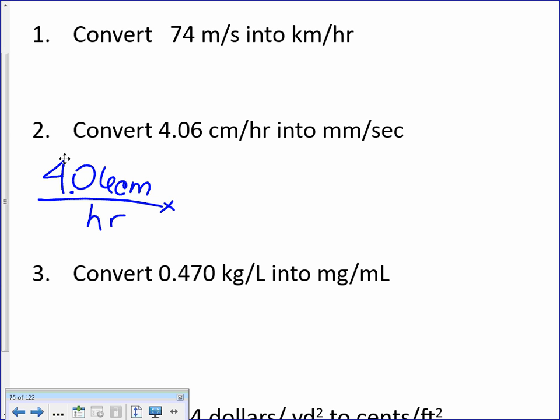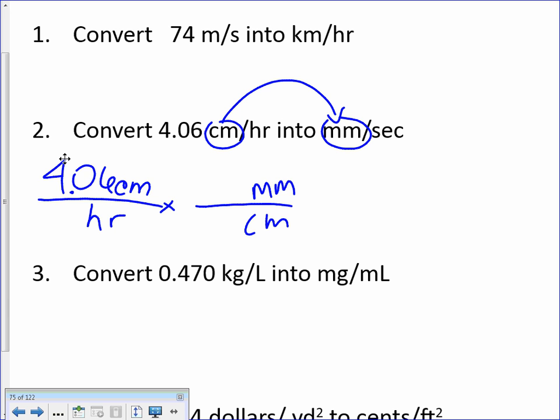And I want you guys to worry about the numerator first, ignore the denominator. So how do I get from here to here? What goes on the bottom? I'm going to put centimeter, and I'm hearing 1, but wait on that for just a moment. What goes on top? What unit? Millimeter, because we're going from centimeters to millimeters.